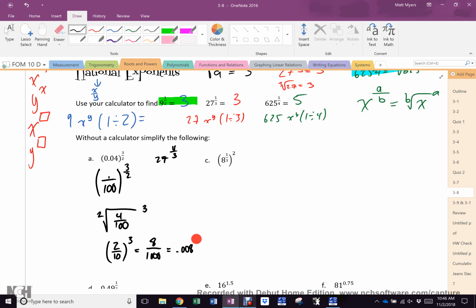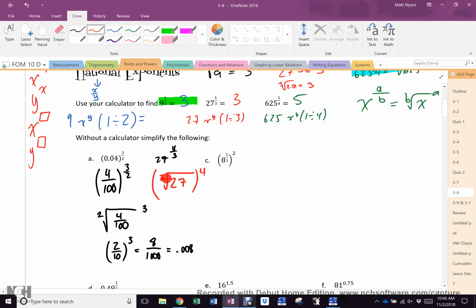Okay. Let's do this next one. I'm going to do it in red. It's going to get a little crowded because of the weird printing, but it's not that hard. The base is what? 27. So 27 becomes the radicand. Right? What root do I seek? 3. And then what will I put that whole thing to the power of? 4.